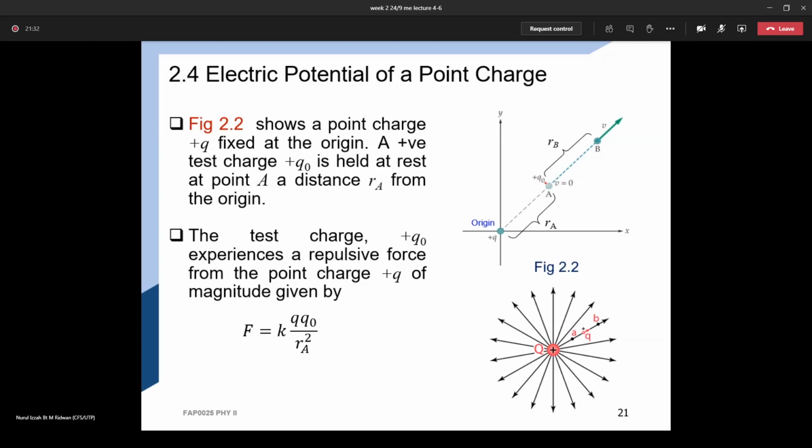When it goes from point A to point B, as you know, when the charge is moving, there is a certain work done to move the charge. So what is the work done to move the charge? We are going to start from there. It will move from point A to point B, for example. So how do we come out with the work done? Some of you might think, why do we have to calculate the work done?